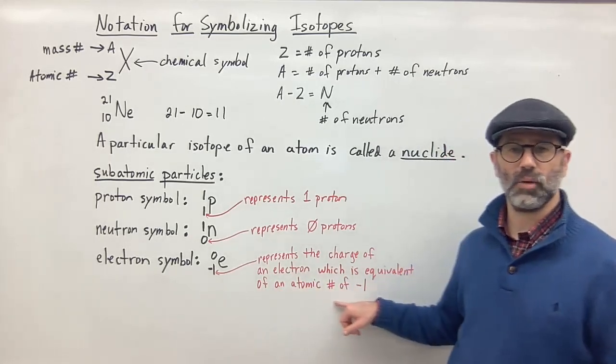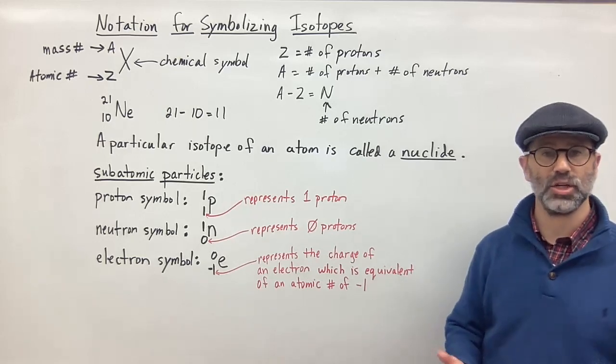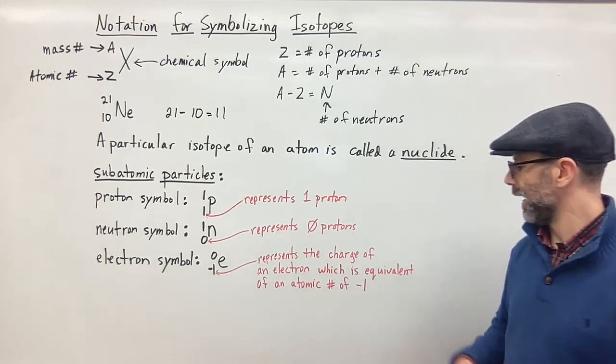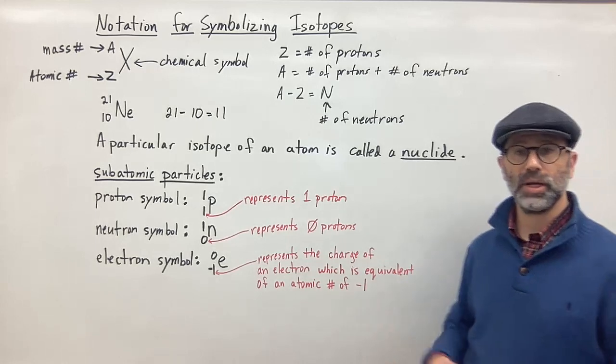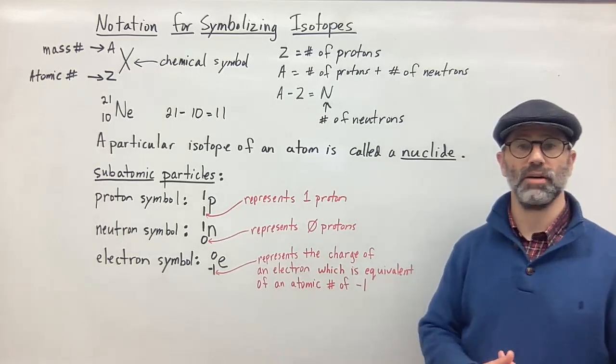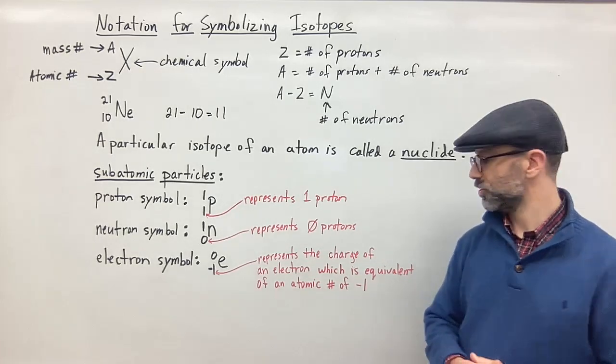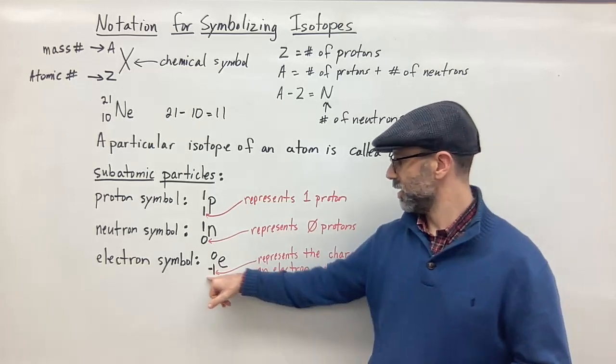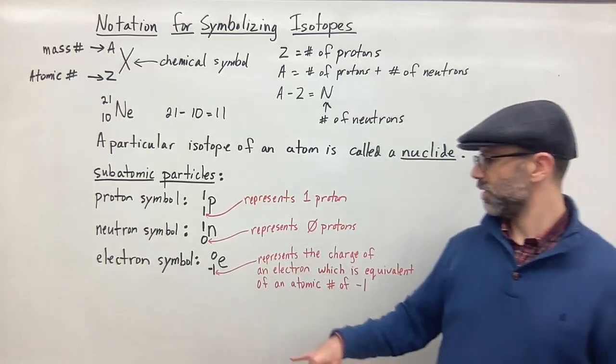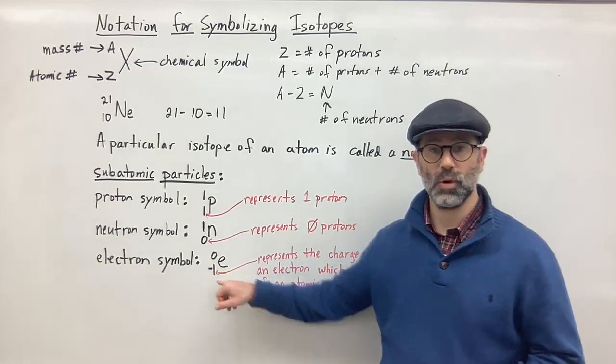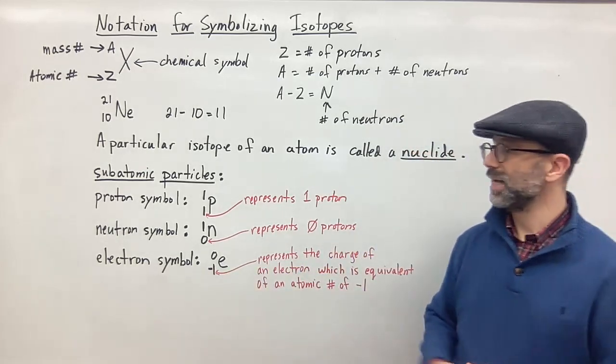And we'll see how that works when we talk about balancing nuclear equations and how this -1 plays a role in the balancing of the nuclear equation. So if we think of this as a -1 or an atomic number of -1. Okay, and so that's it for this video.